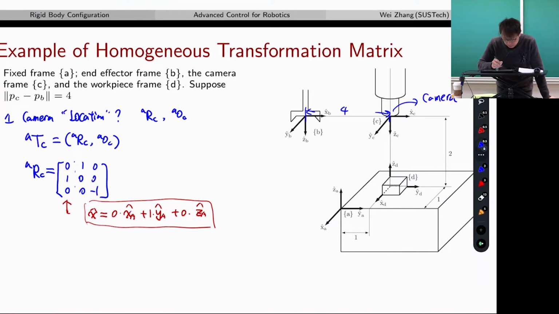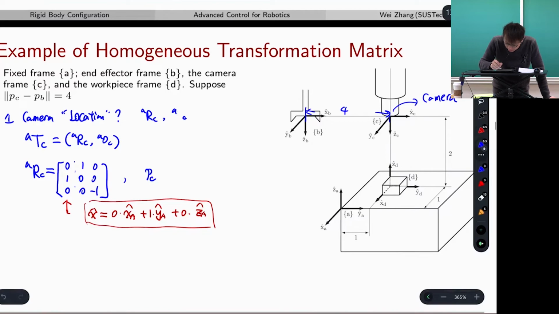It's quite straightforward if you know what's going on. And what about PC? Sorry, I call it PCA now. Did I use P anywhere? PC and PB. Okay, let's call it PC. Sometimes I change this notation.